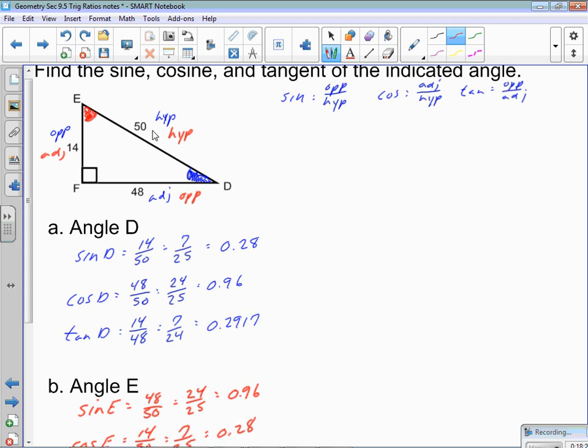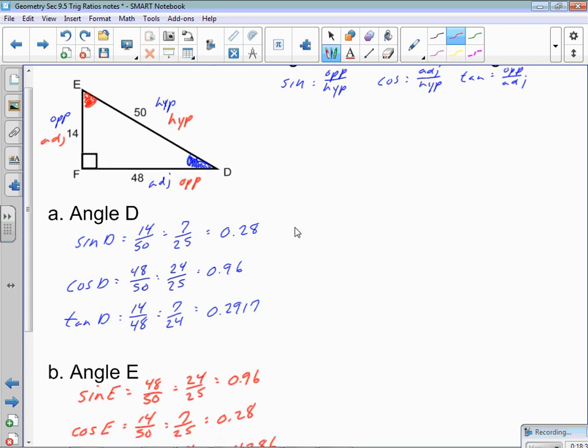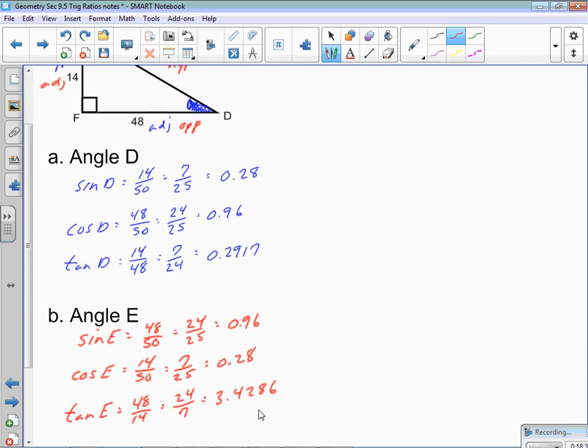So you've got a smaller number over a larger number, which gives us a decimal value between 0 and 1. But for tangent, you have the possibility to have a bigger number over a smaller number, which gives us a ratio that's going to be bigger than 1 possibly. So if you have a number bigger than 1 for your sine or cosine, you know you've messed up, right? You can't have a bigger number than 1 on sine or cosine.